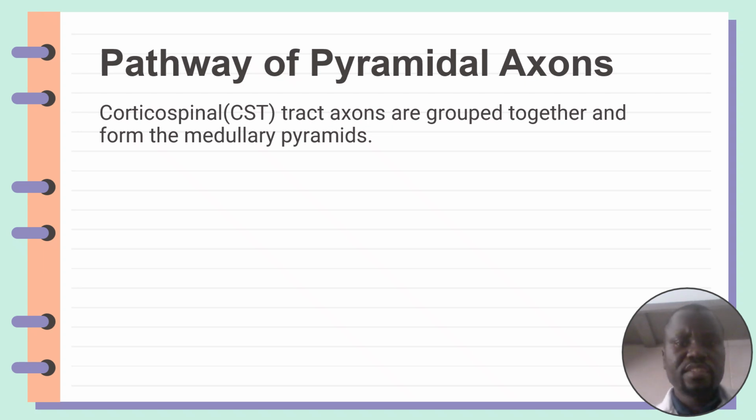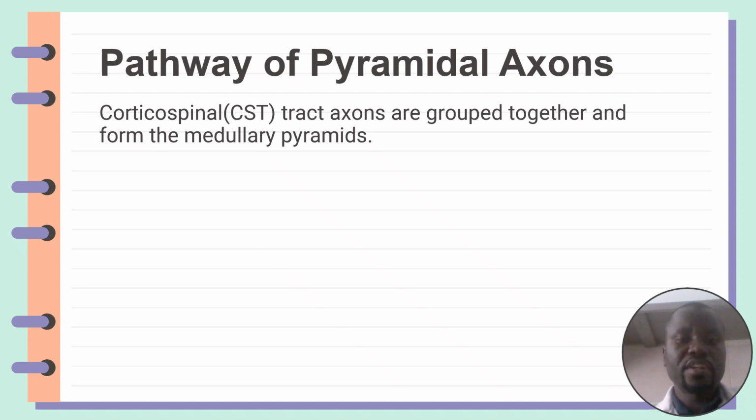How do these project, the pathways for pyramidal axons? The corticospinal tracts are also called pyramidal pathways, and this name originates from two reasons. One, because of their decussation, they make pyramid-looking structures within the brainstem as they decussate. But also because they originate from the primary motor cortex, from very large neurons that have a shape of pyramids. So two reasons.